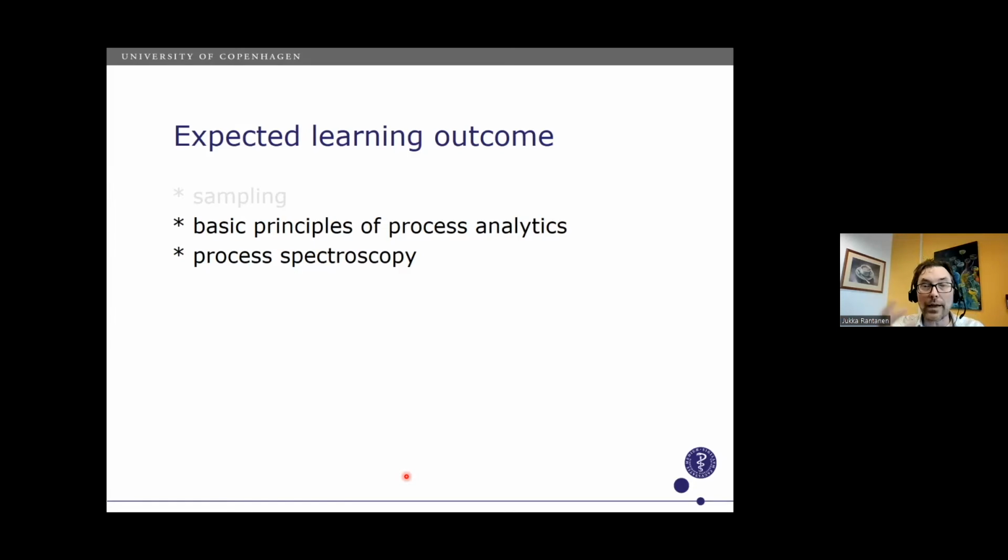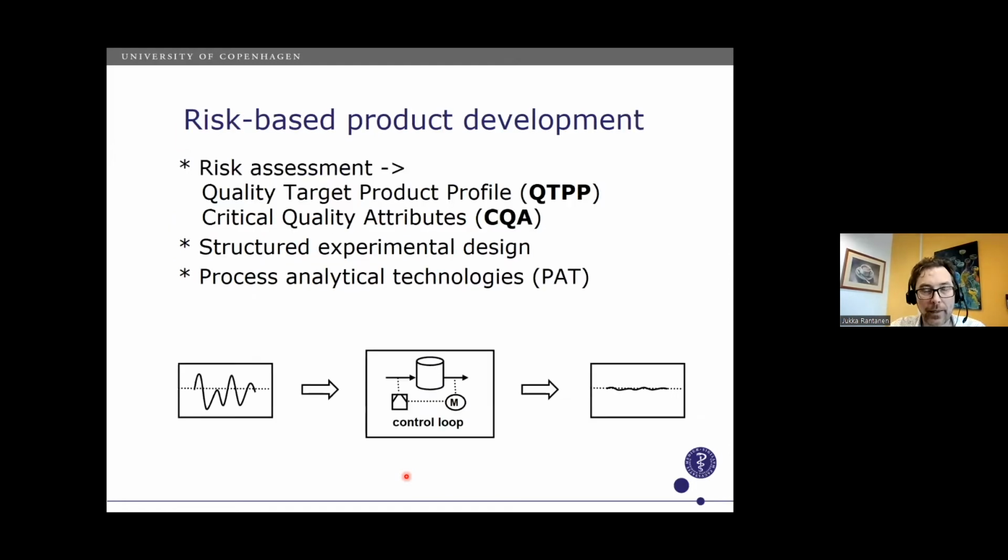In the next part of the lecture, I would like to show you a few examples of process analytics. And this is related to risk-based product development. The idea of risk-based product development, or quality by design, QbD, if you will, is that you should always start the work by doing a proper risk assessment of your product.